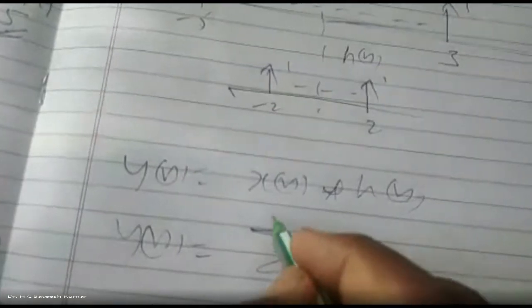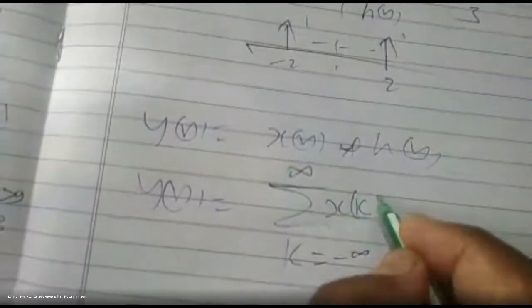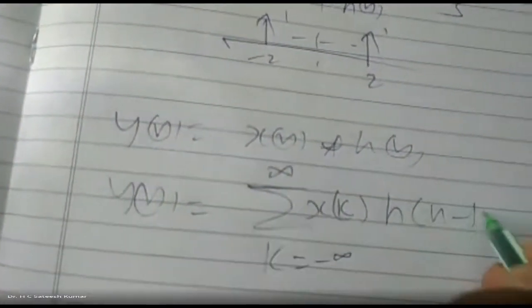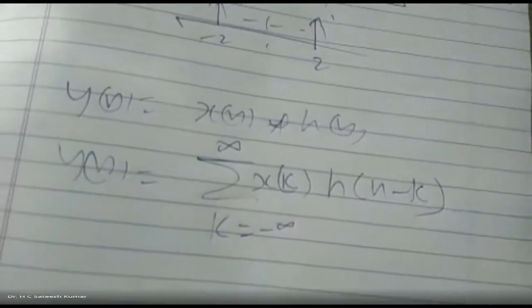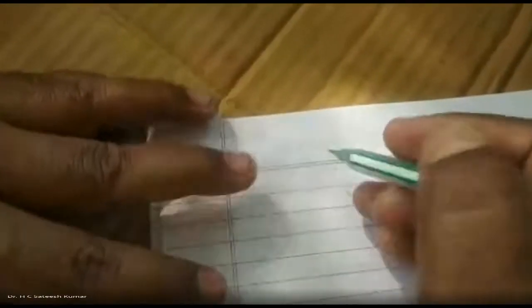Y of n is equal to summation k varies from minus infinity to plus infinity, x of k into h of n minus k. X of k is nothing but what? X of k is from minus 5 to 3.